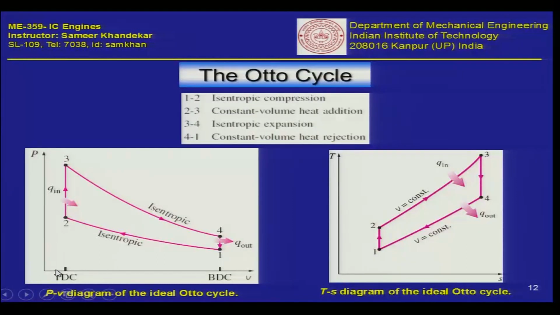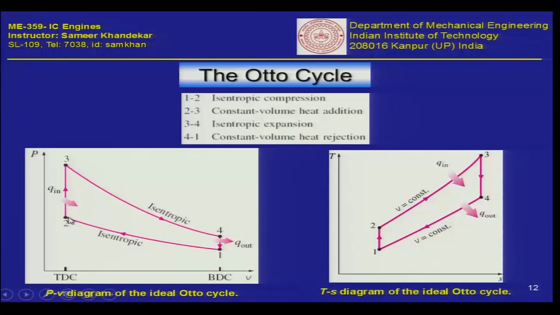Naturally this volume here, as you will recall, is the clearance volume. The piston travel from the BDC to the TDC is the swept volume, and the total volume of the cylinder is represented from 0 volume here up to the BDC. So, this is the total volume, this is the clearance volume, and this is the swept volume between the TDC and the BDC. So, you have reached point number 2.